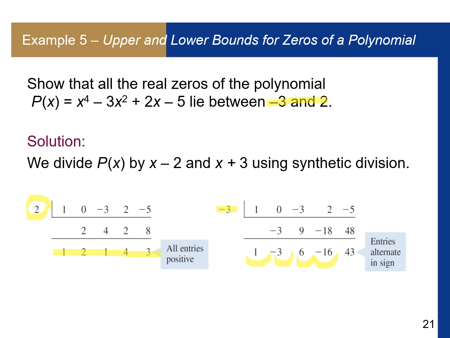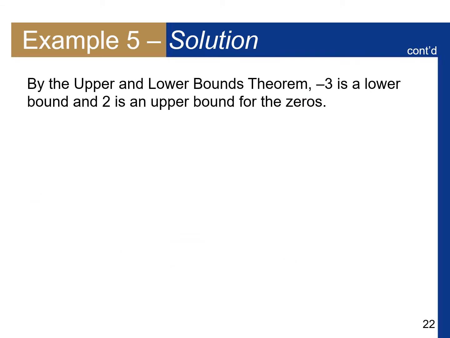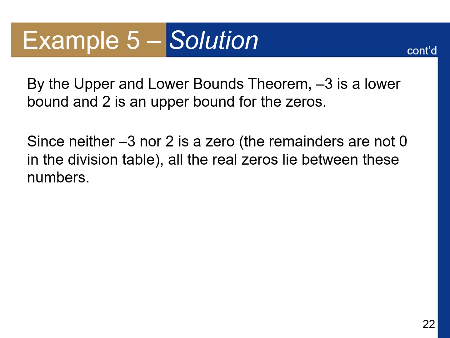So if I have other numbers listed in my possible rational roots, we can eliminate them as not possible anymore because we have this theorem. Since neither -3 nor 2 is a 0, the remainders are not 0 in the division table, and all the real zeros have to be in between these two numbers.